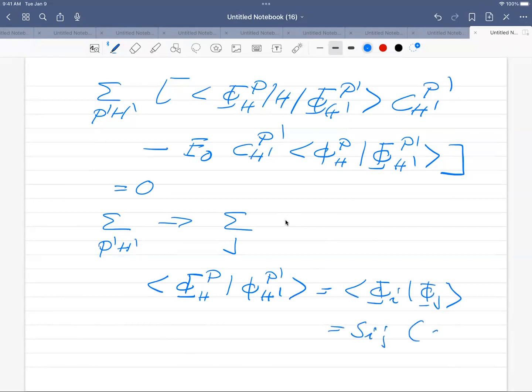And normally we are going to put this one equal to delta ij. That's the basic assumption: we are going to assume that the basis is an orthogonal basis. If not, you need to calculate this overlap.